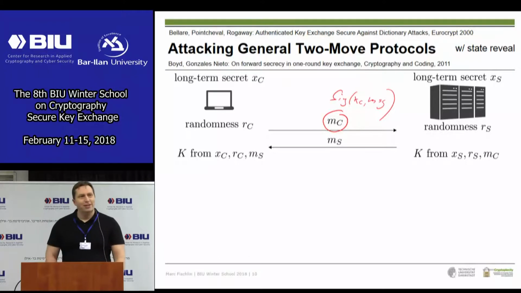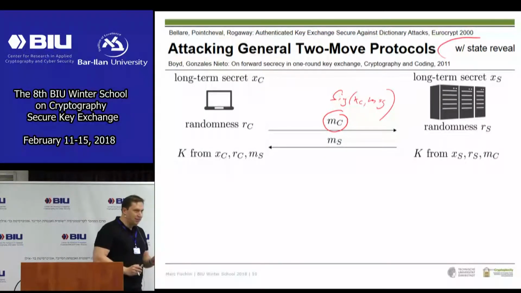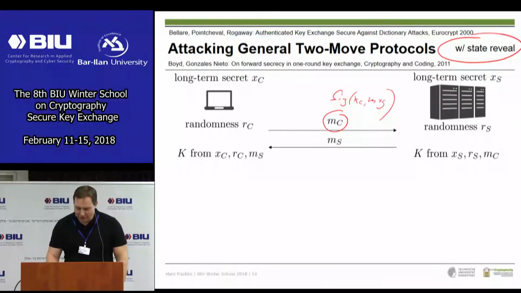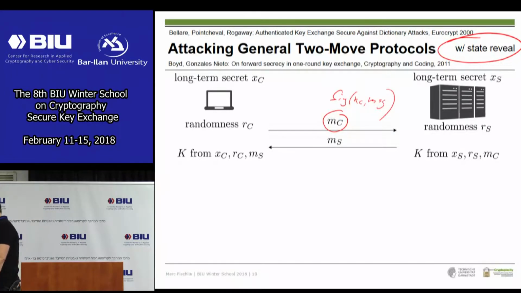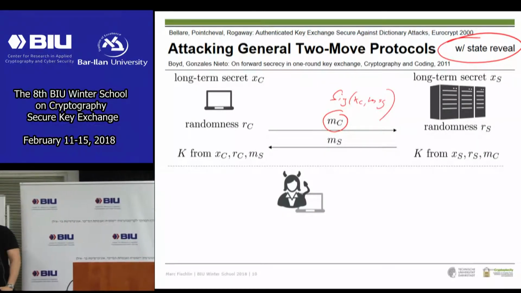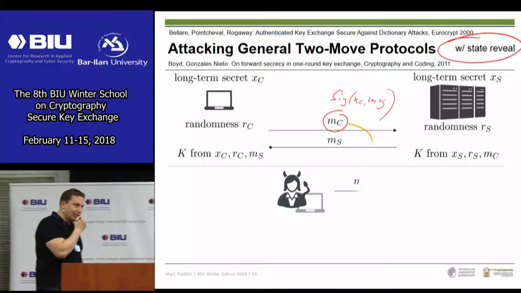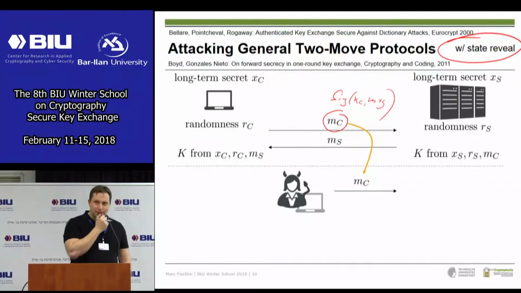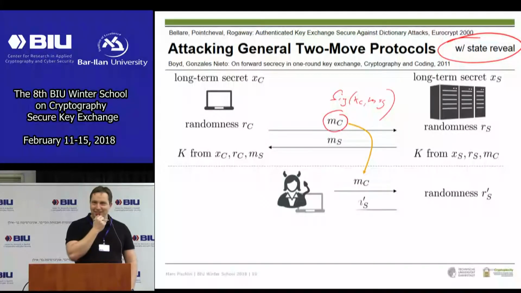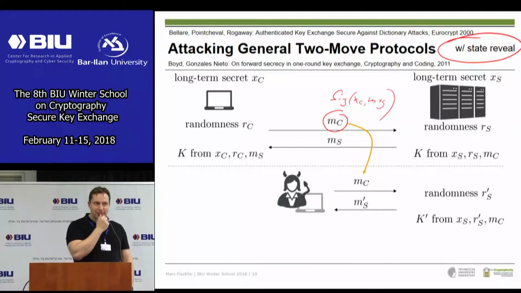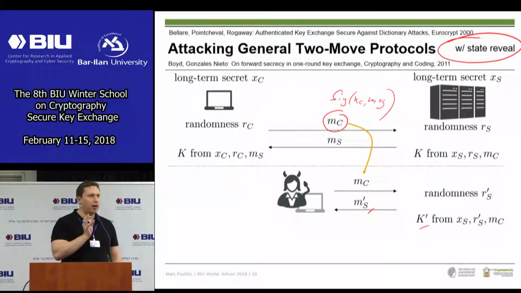Just to see if you paid attention in the first half, is this session fresh? Can I test it? It must be fresh, otherwise the attack wouldn't work. But why is it fresh?